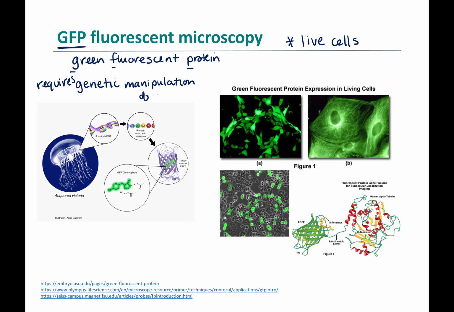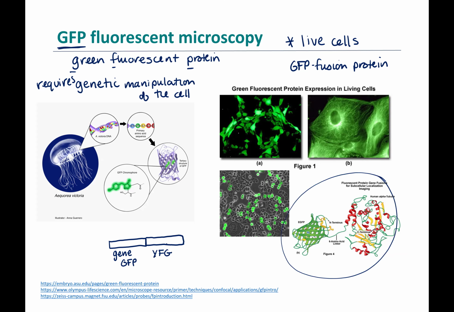So at the DNA level, we take the gene for GFP and we connect it to your favorite gene. And so it's kind of shown here, when this protein that you're interested in is expressed, it will glow green because it has this fluorescent molecule literally attached to it through the protein structure.